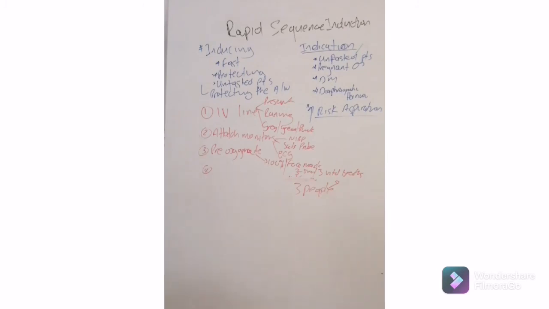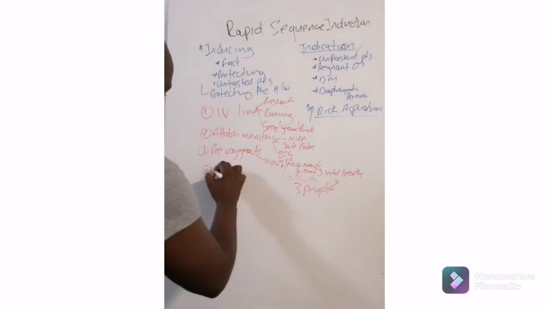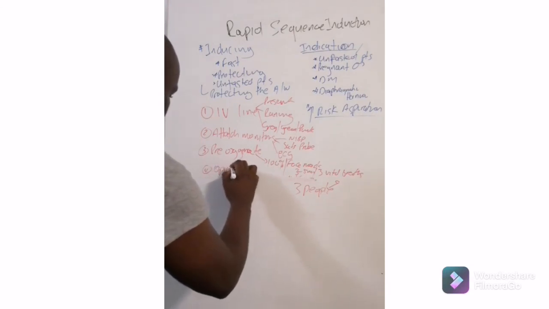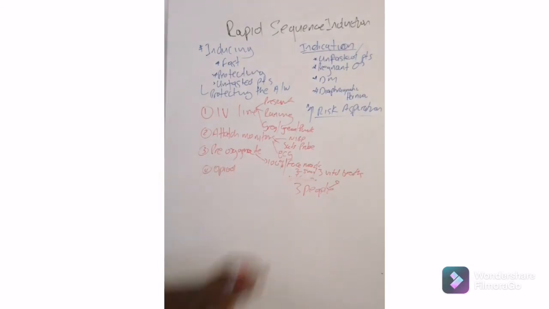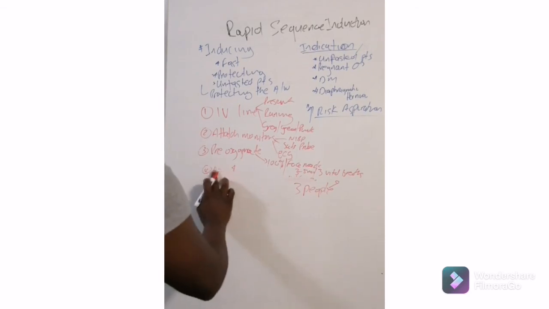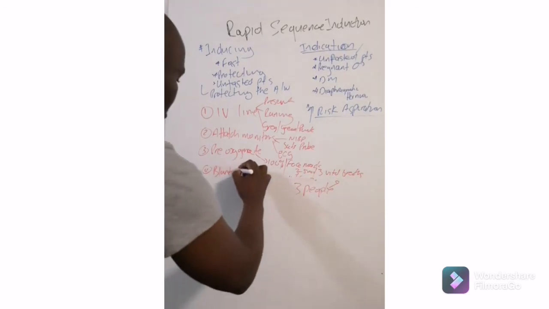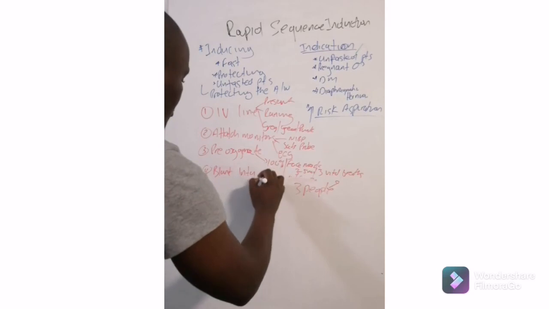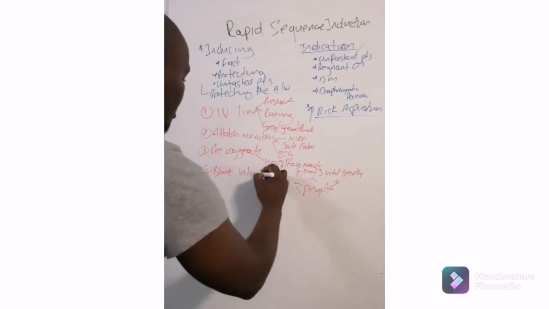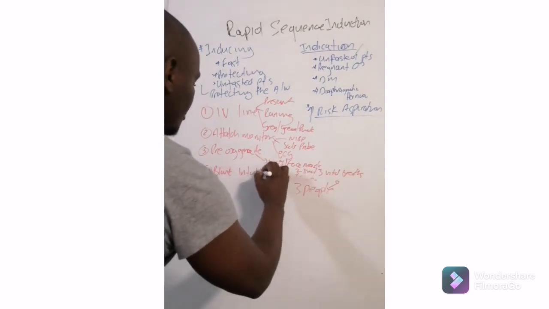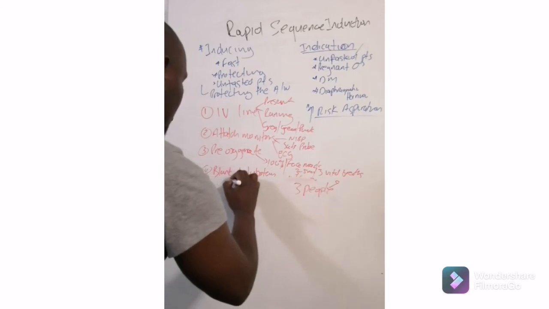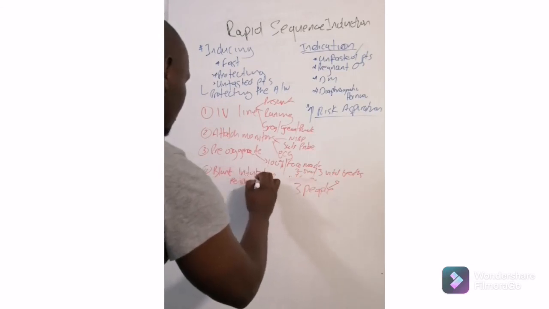So the first drug that is going to be given to this patient is going to be an opioid. Let me not say opioid. Let me say you're going to give a drug that is used to blunt the intubation response.